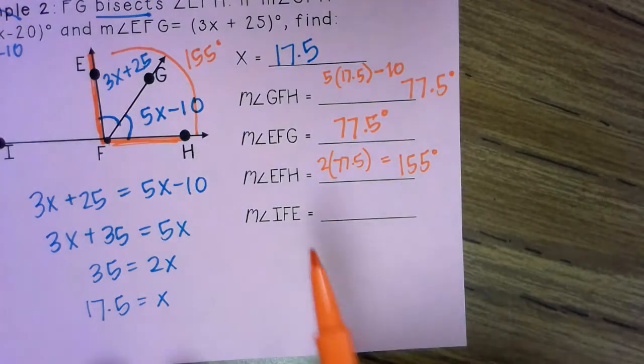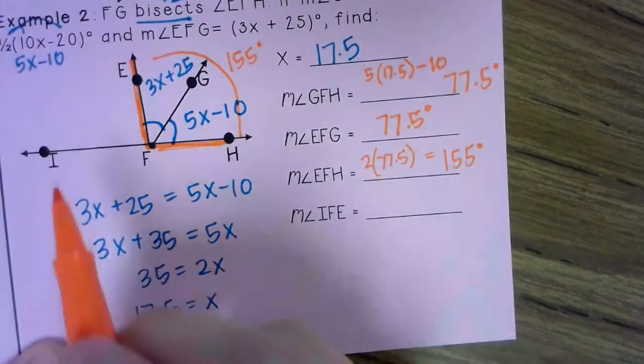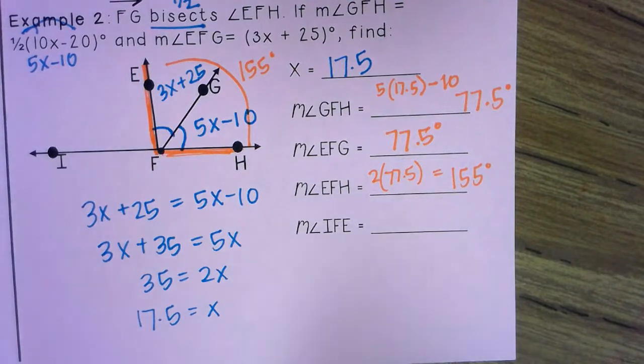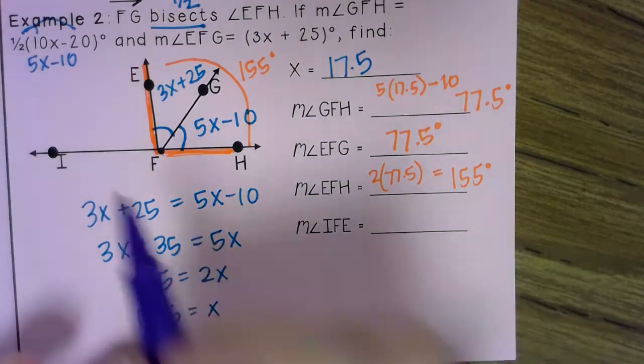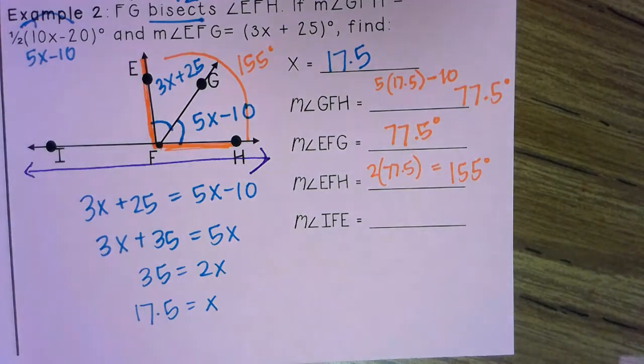All right, last thing. We also want to find the measure of angle IFE. IFE. Okay, whoa, that's not part of my problem at all. So here's what we're going to do. When I look at this picture, I notice this straight line. Hopefully at this point you remember that a straight line has a measure of 180 degrees.